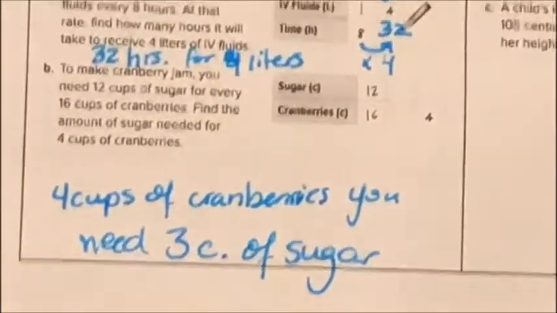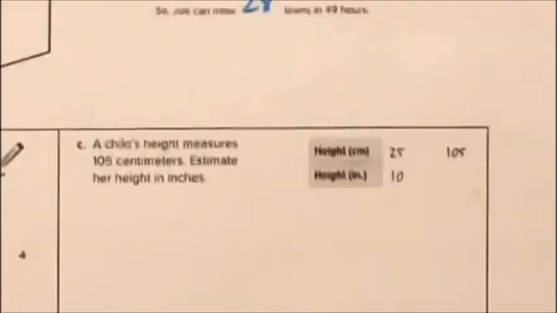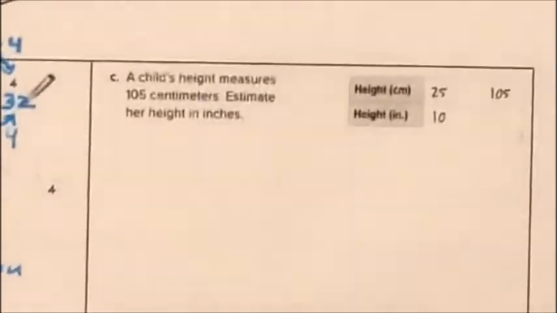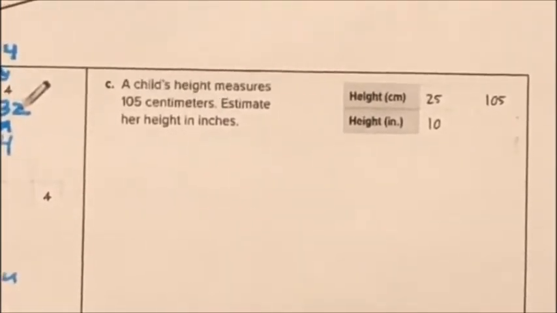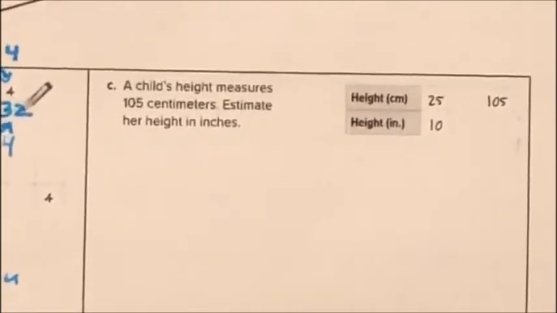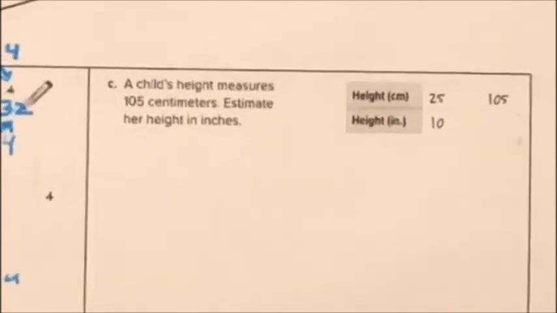All right. Now let's look at letter C. Okay. Letter C says a child's height measures 105 centimeters. Estimate her height in inches. Okay. So I'm going to go over here back here to my workstation. Okay.